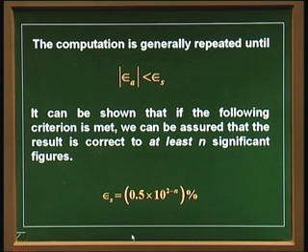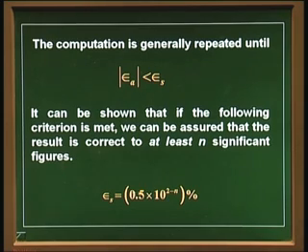That is, if I fix my epsilon s as 0.5 into 10 to the power of 2 minus n, and then do a computation and make sure that my approximate errors are less than that epsilon s, then I will have n significant digits in my answer.